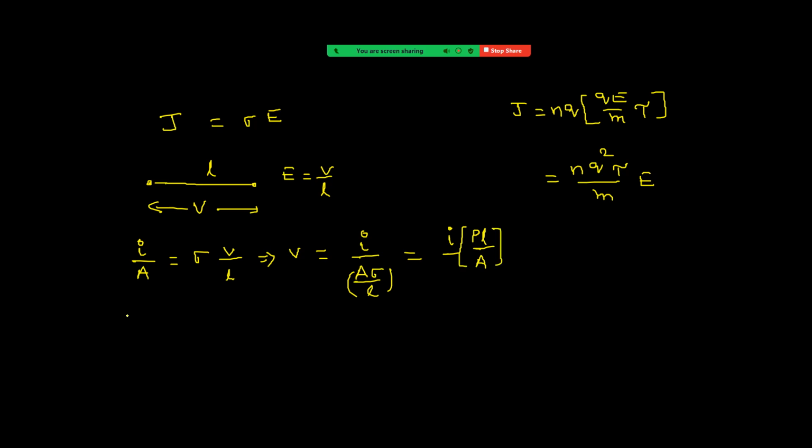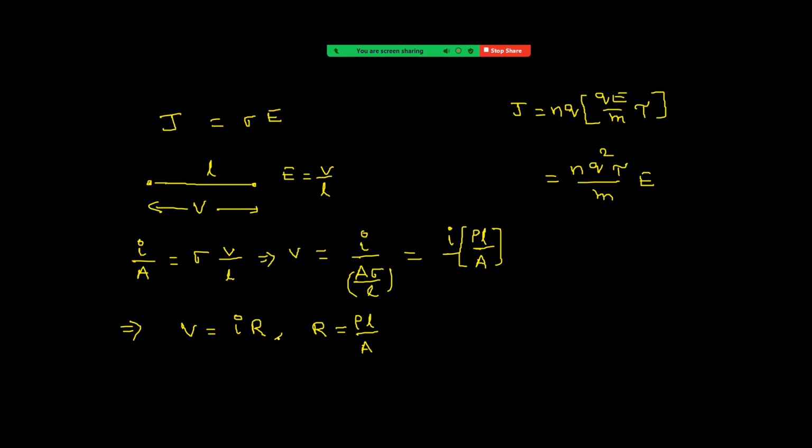So it is now rho L by A. So V equal to I into R, where R is known as electric resistance. So R equals rho L by A. Rho is known as resistivity, L is the length of the conductor, and A is known as the cross section area.